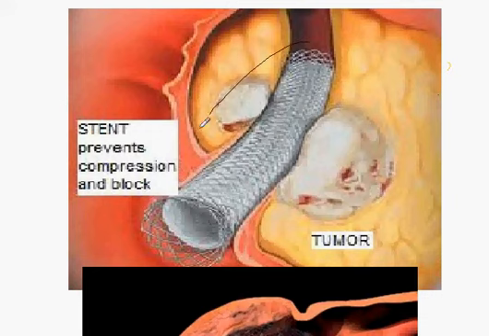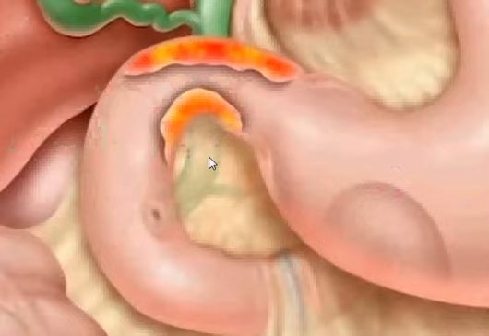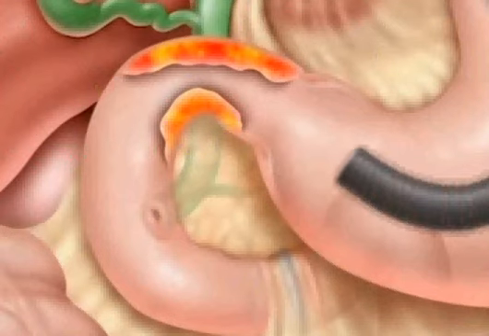Okay, so here you can see that stent, and actually it can be inserted by the radiologist or by the endoscopist, by using or not using the x-ray fluoroscopy. Now, how to introduce that gastric stent? Okay, so first of all, you have to put an endoscope here.